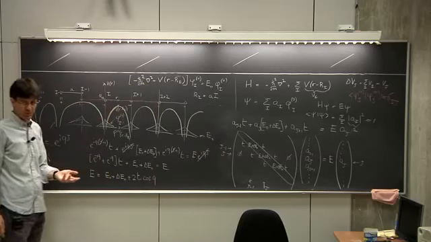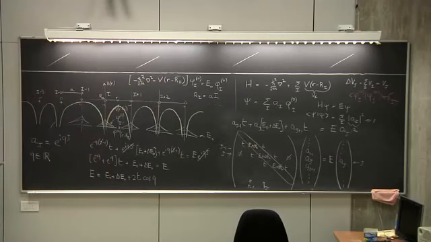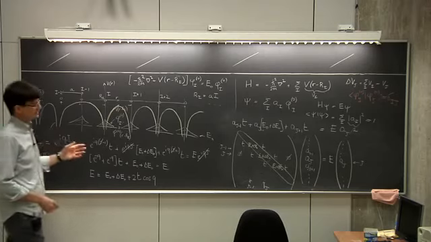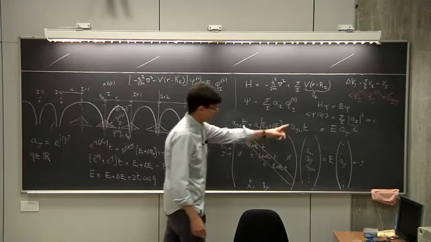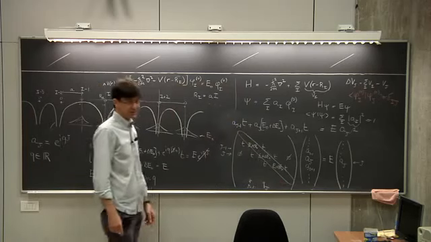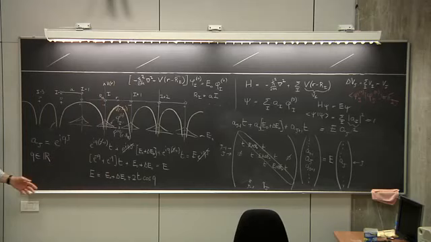It was a 2 by 2 problem, so we could only, of course, find 2 eigenvalues for a 2 by 2 problem, plus and minus. Here my wave function, my eigenvector, is infinitely large, but I still find infinitely many possible solutions, not just 1, not just 2, but infinitely many.